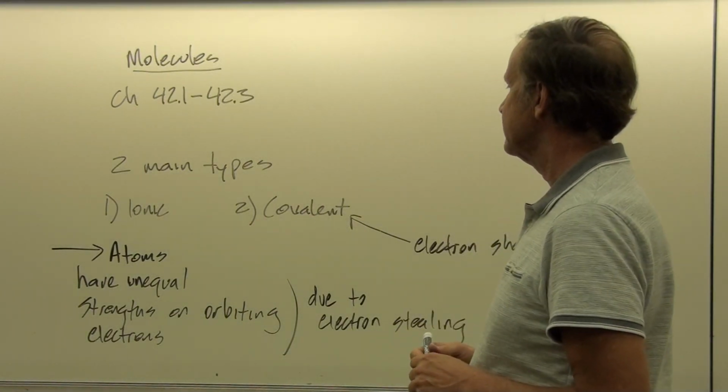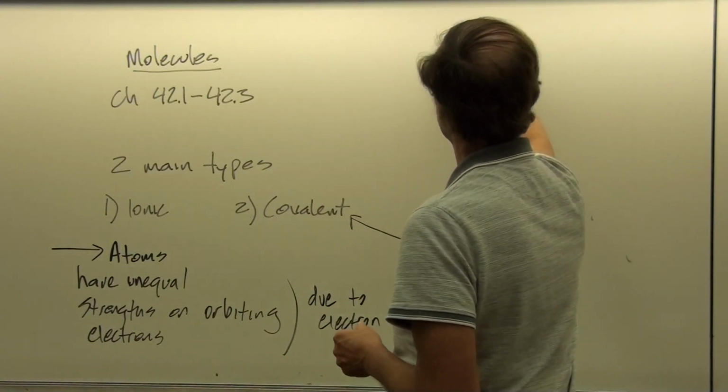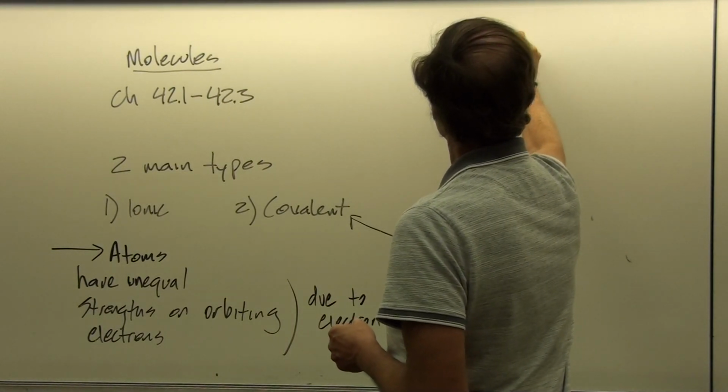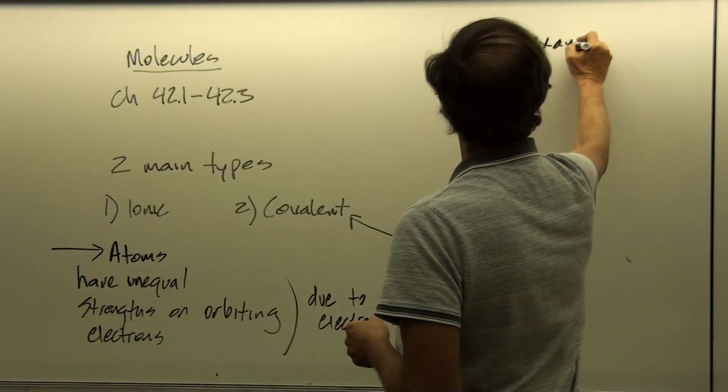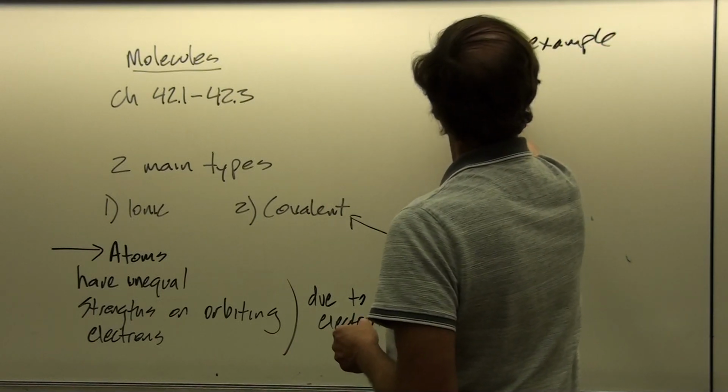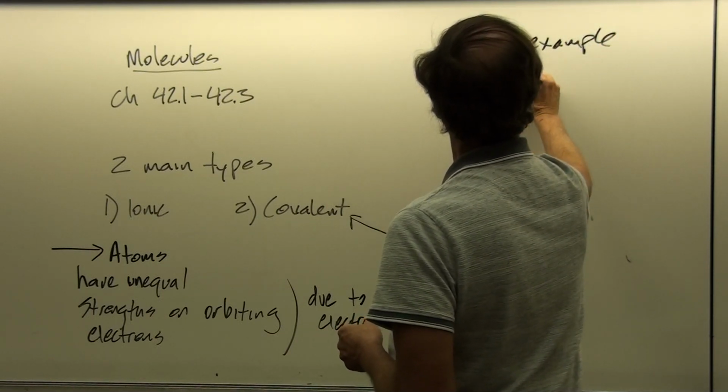Okay, and so an example of ionic, I'll start with ionic: sodium chloride, NaCl.